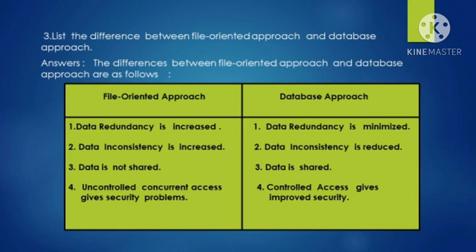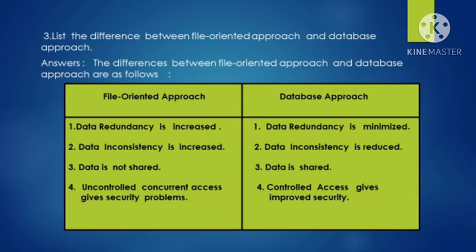In file-oriented approach, data redundancy is increased. But in database approach, data redundancy is minimized. Point number 2. In file-oriented approach, data inconsistency is increased. But in database approach, data inconsistency is reduced.